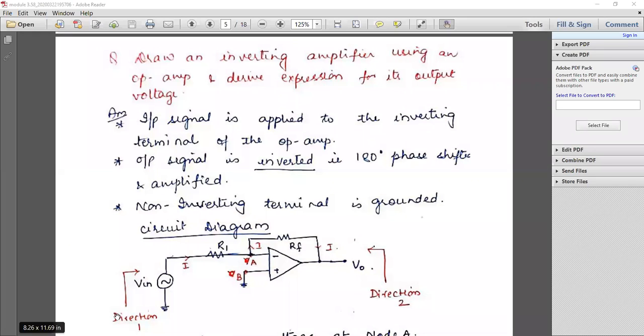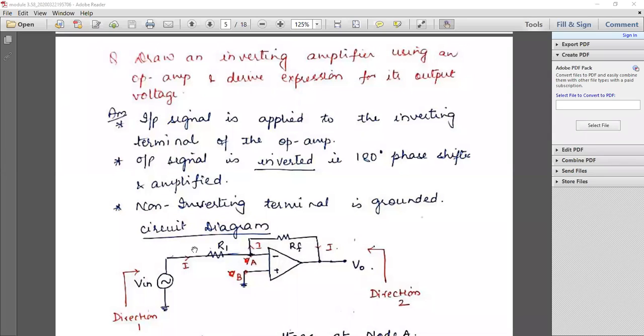You can see in this diagram that we are taking two directions. One is direction 1 from the input side, and on the output side we are calling it direction 2. The basic thing we should know is that the input impedance of the op-amp is very high.